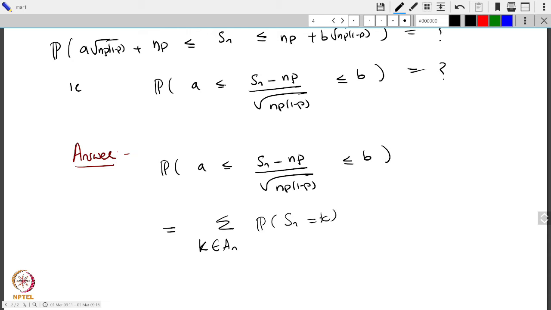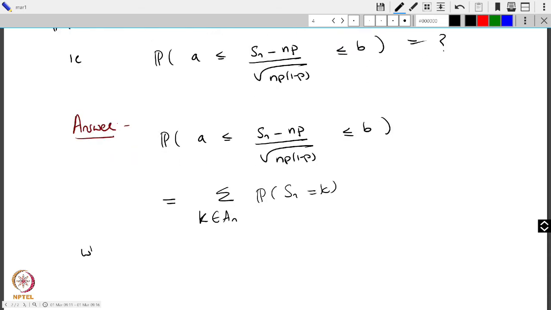What is An going to be? An is the set of all k such that np plus a times square root of np times 1 minus p is less than or equal to k, which is less than or equal to np plus b times square root of np times 1 minus p.